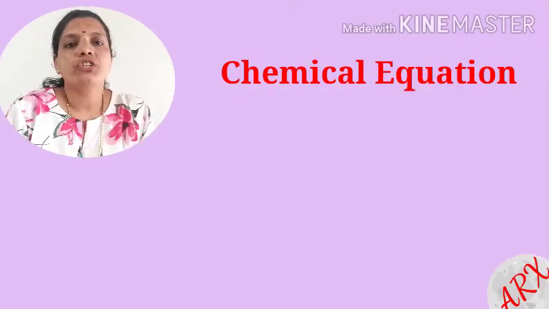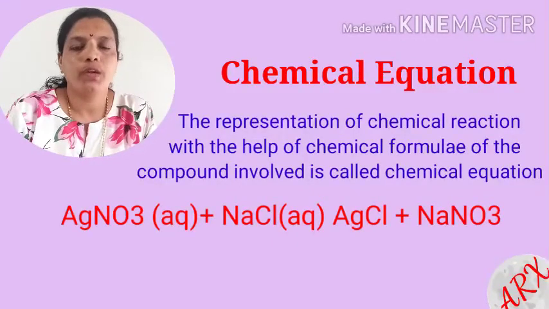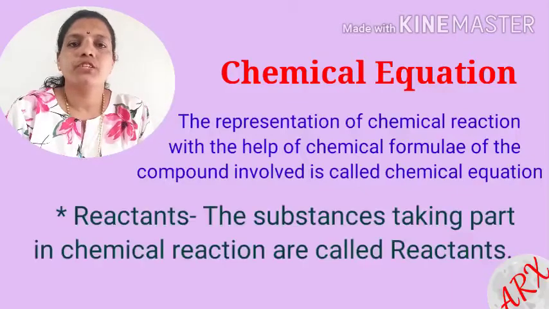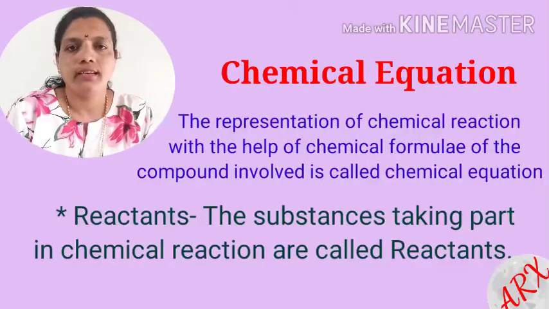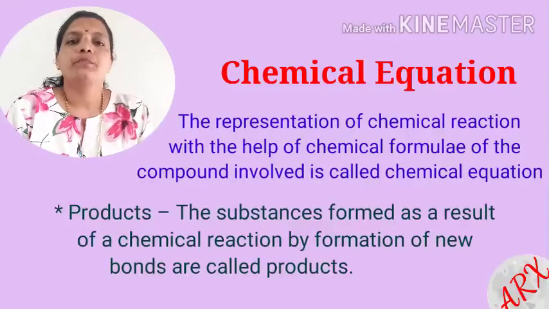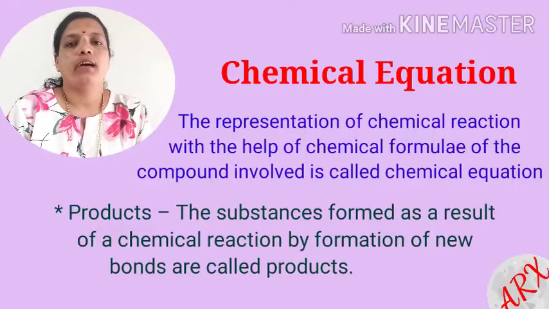Now, chemical reactions written with the help of chemical formulas are called chemical equations. The substances which take part in a chemical reaction are called reactants, whereas the substances which are newly formed in a chemical reaction are called products.